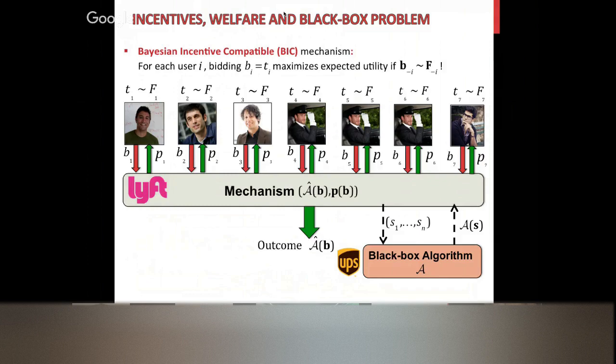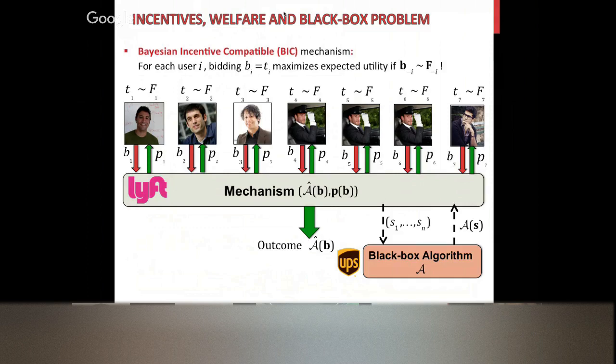So this is a very important type of solution concept. And the other one, dominant strategy incentive compatibility, is not the one that works here. If you have any questions about it, I would be happy to answer.